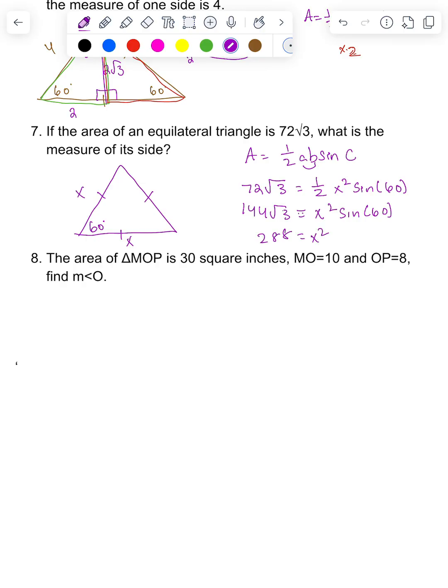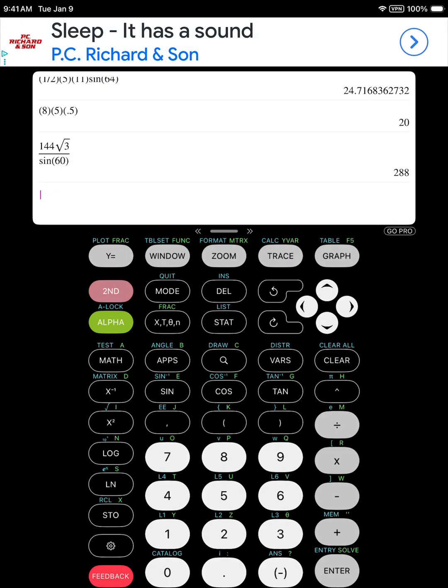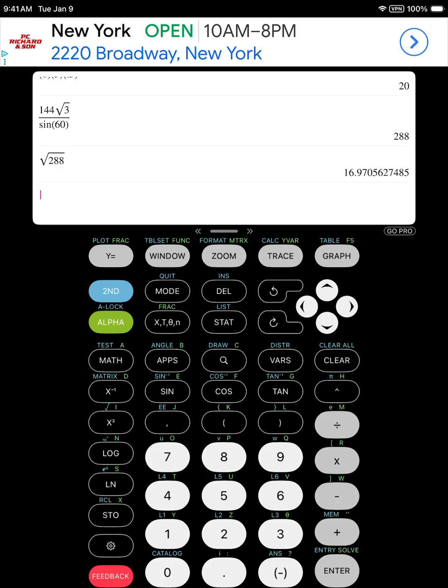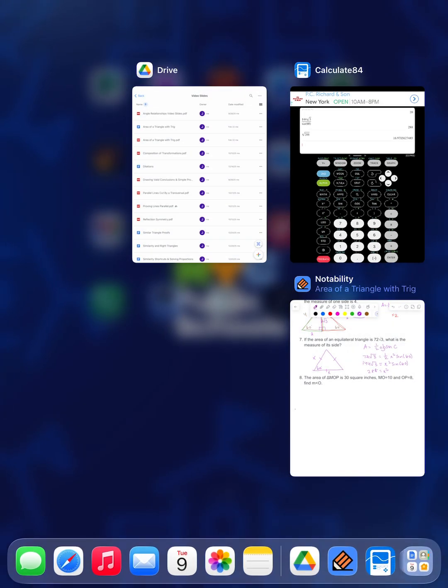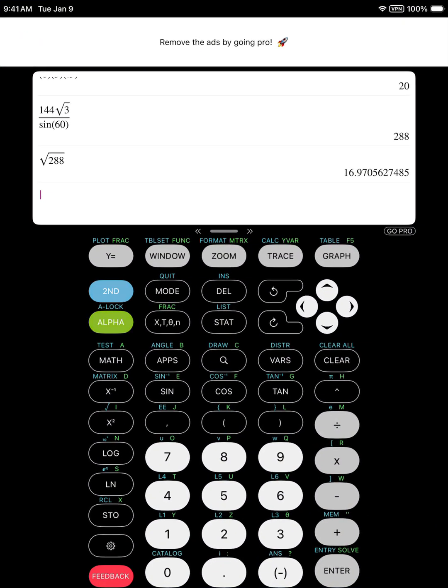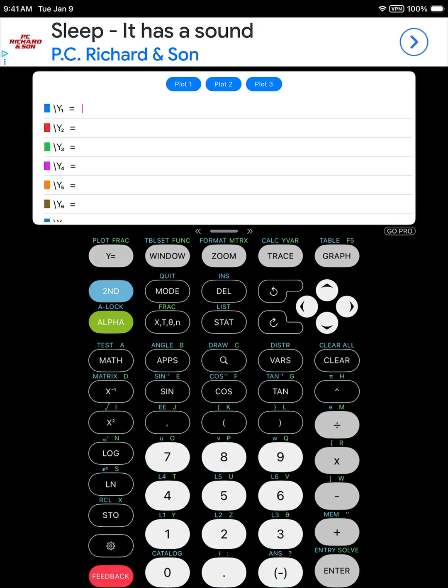Now I do need to take the square root to get x by itself. That does not work out nicely. So, does it say to round? It does not. So if we want to leave it as the exact value, we could leave it as radical 288. We can try to see if it simplifies in our calculator.